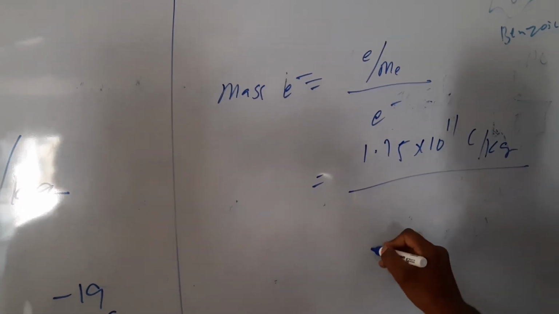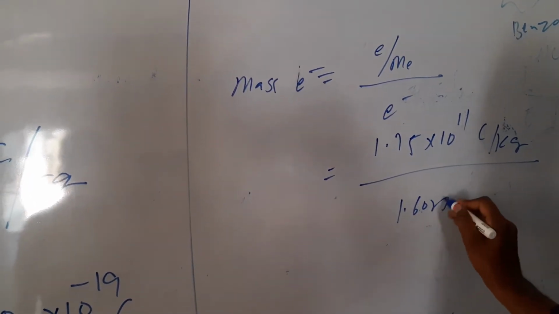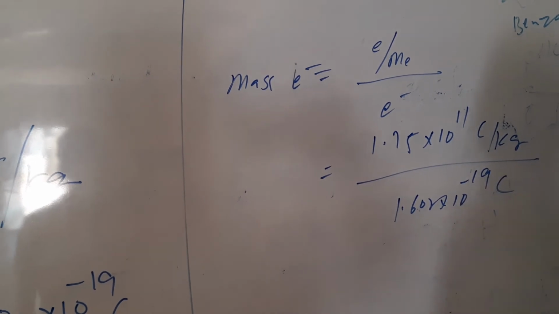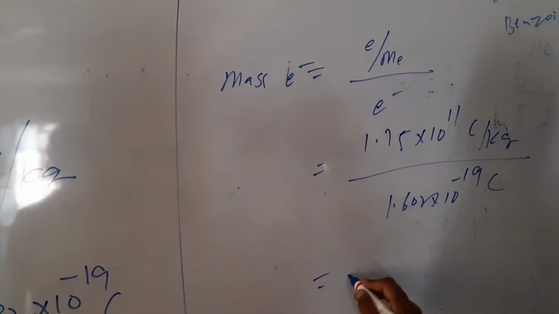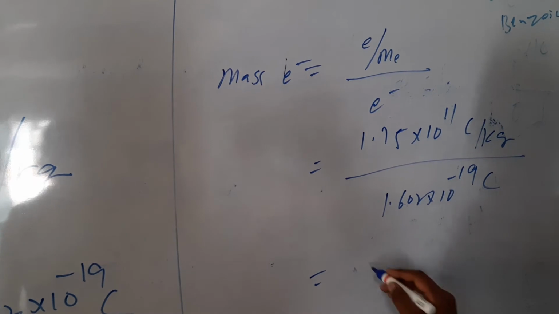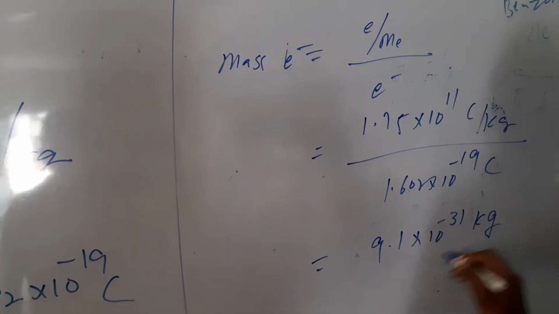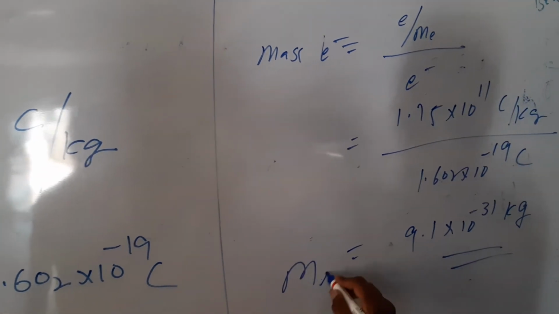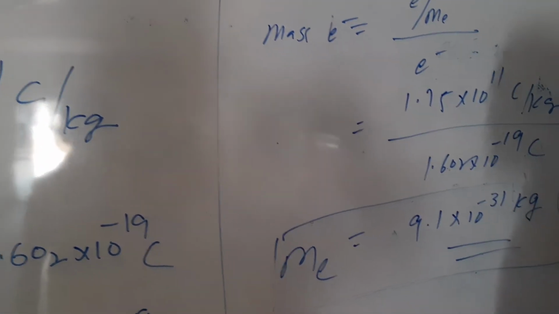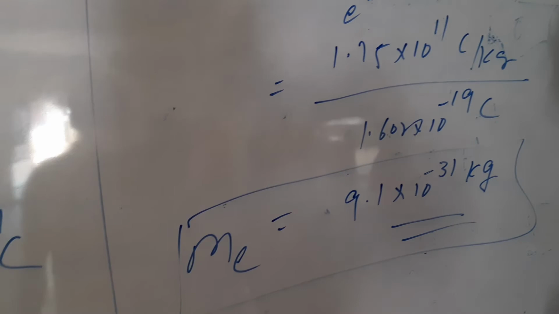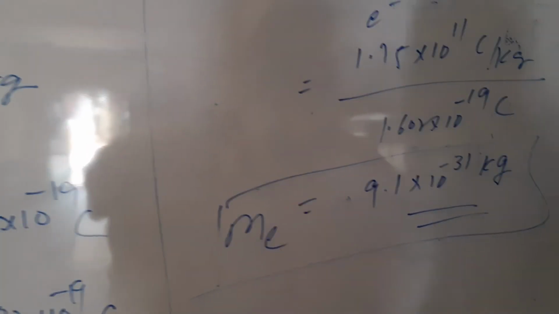If you simplify this, you get 9.1 into 10 power minus 31 kilograms. The mass of the electron is 9.1 into 10 power minus 31 kilograms.